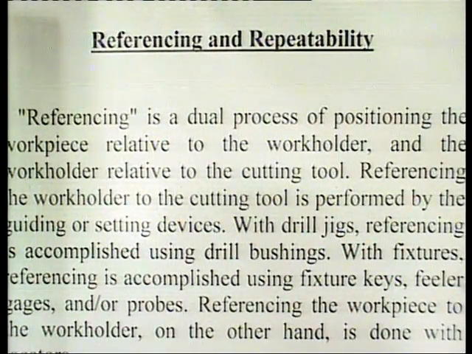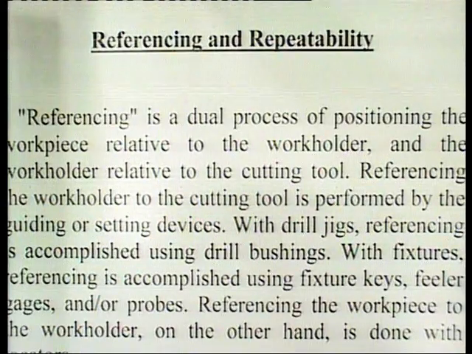Referencing and repeatability. Referencing is a dual process of positioning the workpiece relative to the work holder and the work holder relative to the cutting tool. Referencing the work holder to the cutting tool is performed by the guiding or setting devices.